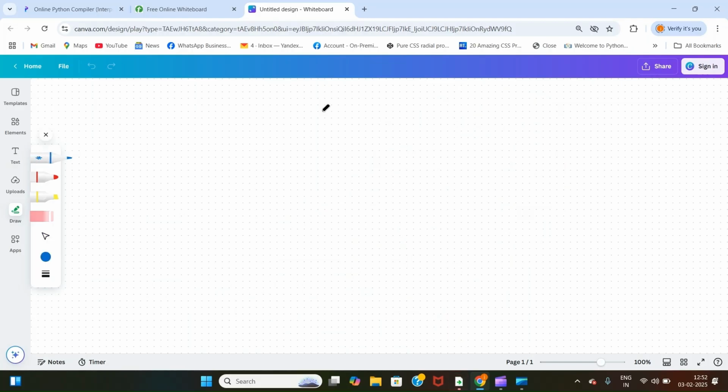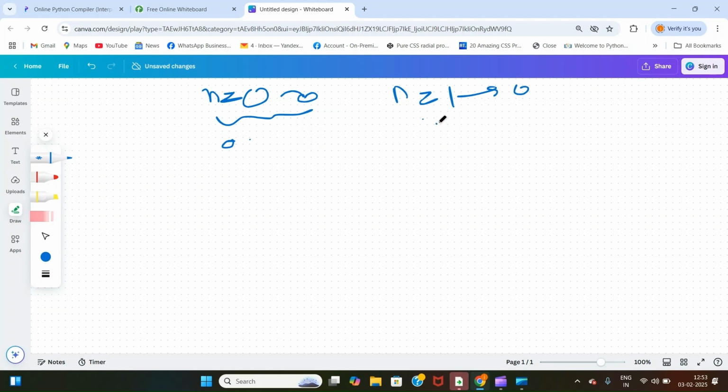If my n is equal to 0, 0 wants to convert itself to 0. So 0 is already 0. So how many steps? We need to take 0 steps. Now let's say my n is equal to 1. If your n is equal to 1, it means 1 wants to convert to 0.